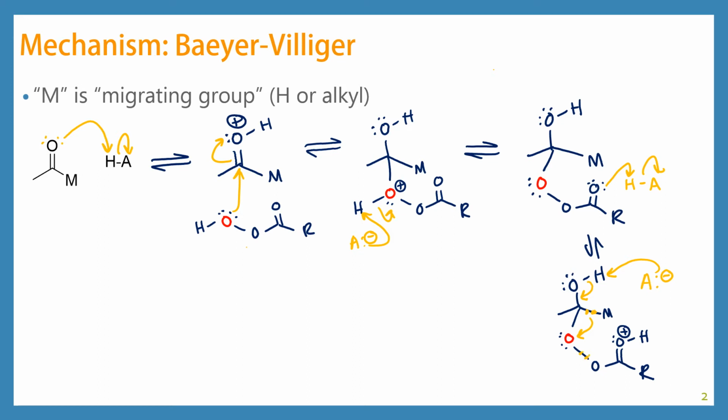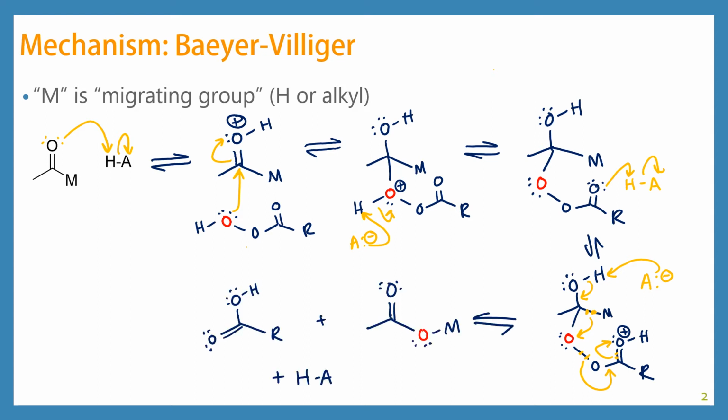And then this bond between the two oxygens is going to break to form a pi bond between the oxygen and the carbonyl carbon, which pushes these pi electrons onto the protonated oxygen. Which results in the formation of an ester and a carboxylic acid from the peroxycarboxylic acid.